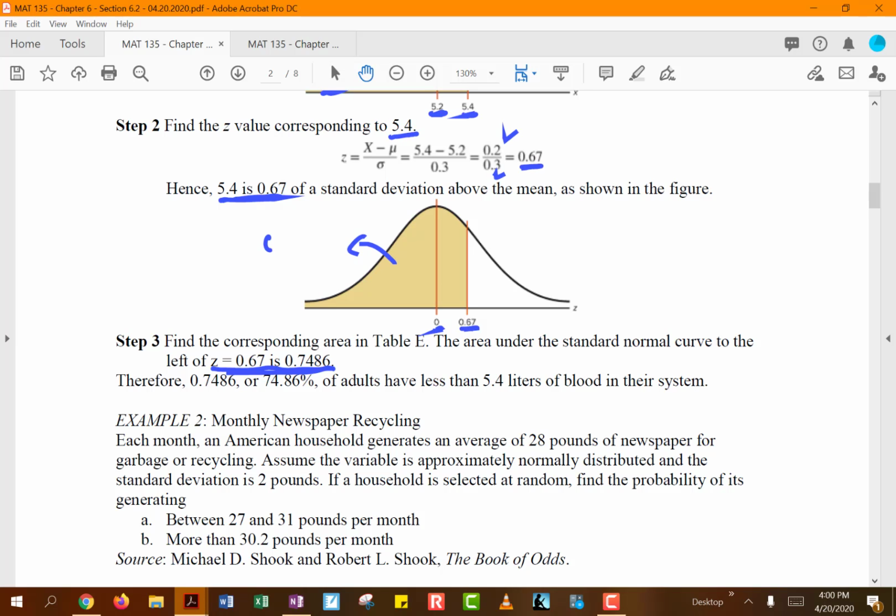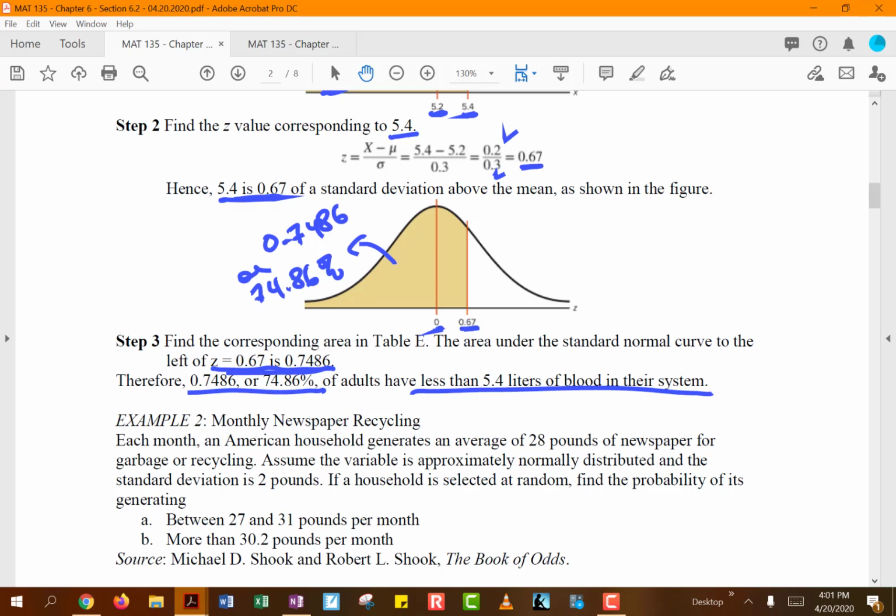So this area comes out to be 0.7486, or basically 74.86%. So we will say 74.86% of adults will have less than 5.4 liters of blood in their system.